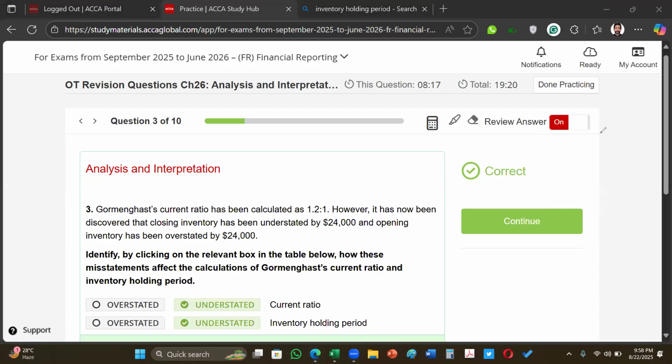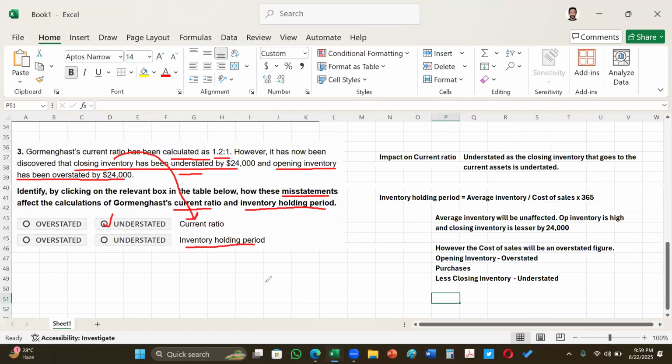So this one, as I said in the start, is a bit tricky. But where I got a little bit confused is that they all have the same amount. So I thought maybe there wouldn't be any effect. Yeah, in one aspect, they did not create any impact. I wrote here that the average inventory will be unaffected, because the average inventory is opening inventory plus closing inventory divided by 2. So that is cancelled out, but that is not going to happen in cost of sales.